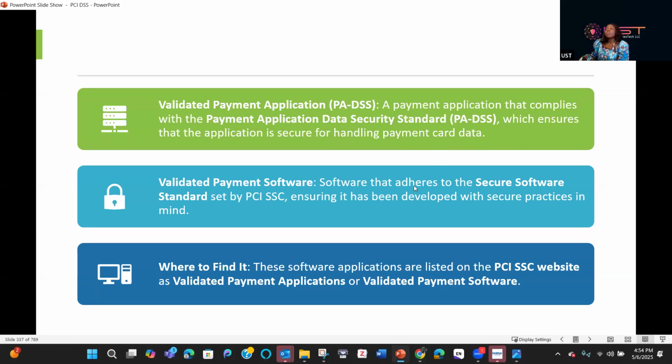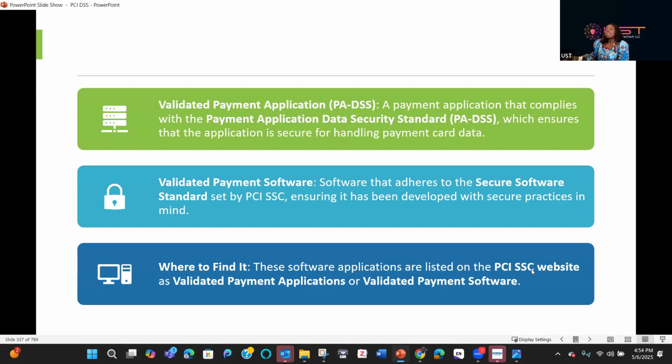Now we are talking about application, which ensures that the application is secure for handling payment card data. Validated payment software, software that adheres to the secure software standard set by PCI Secure Software Standard, right? Ensuring it has been developed with secure practices in mind. You see? Where to find this?